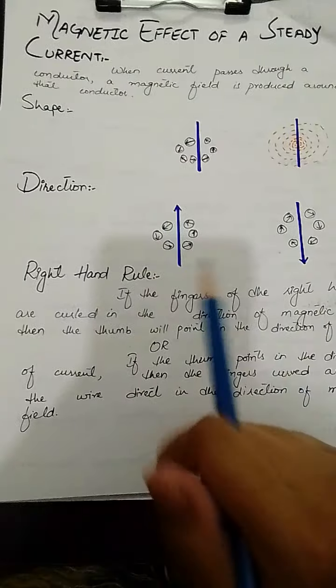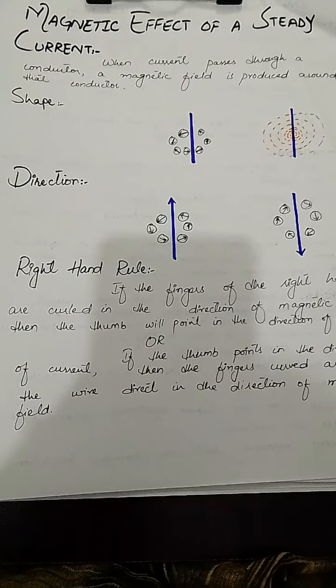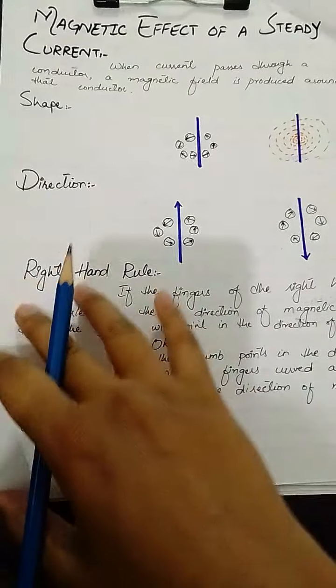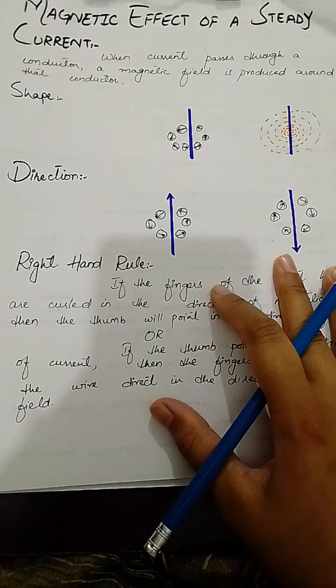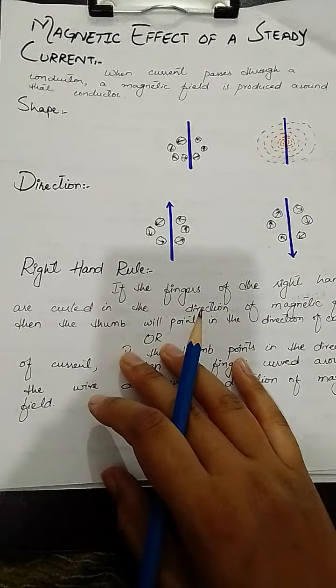So what is the shape of that magnetic field? What is the direction of that magnetic field, and how can we determine the direction of the magnetic field for different conductors or different flows of current?